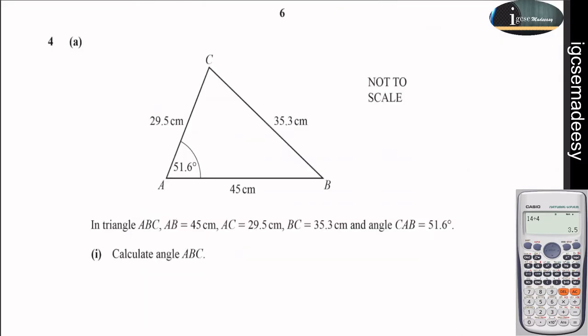Question 4. So in this triangle, the sides and angles are given here. We have to calculate the angle ABC. ABC is this angle we have to calculate. So we'll be using sine rule.